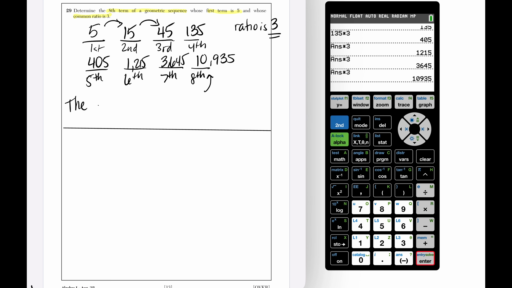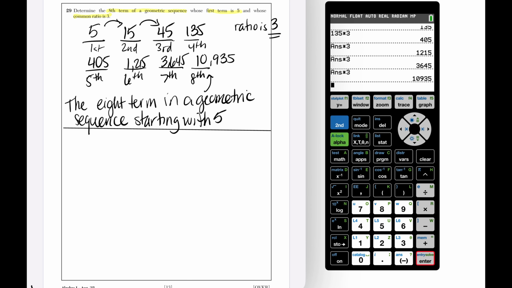The eighth term in a geometric sequence starting with 5 and a ratio of 3 is 10,935. Okay, so I'm just going to erase that line there.